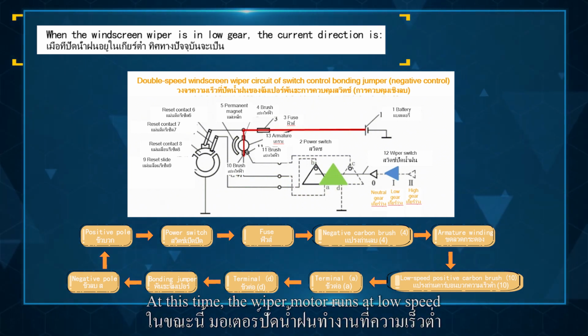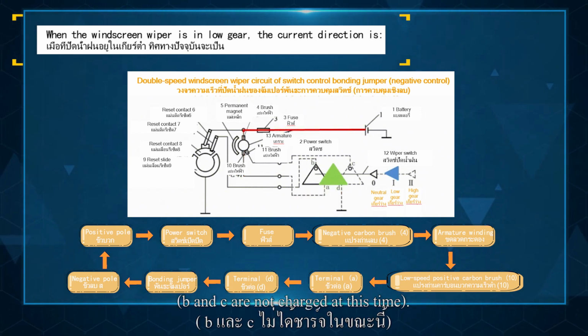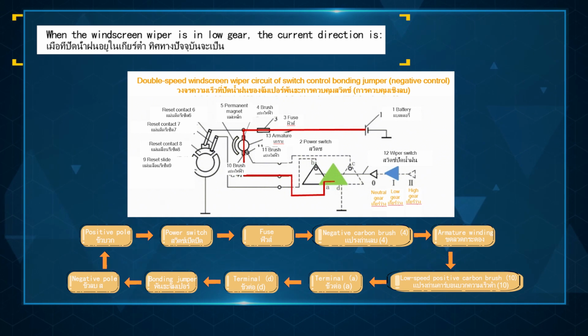At this time, the wiper motor runs at low speed. B and C are not charged at this time.